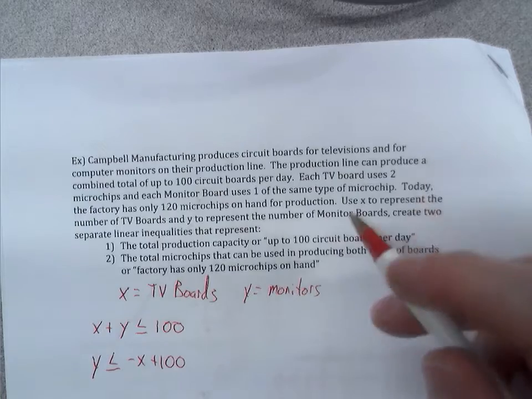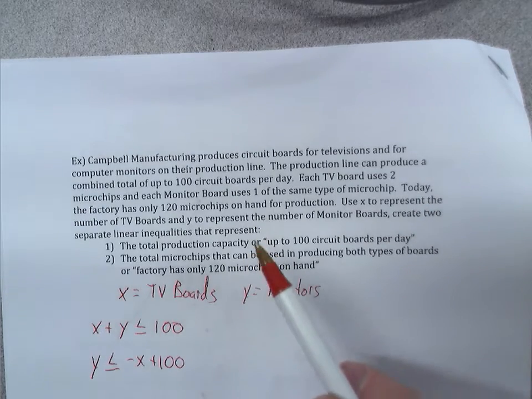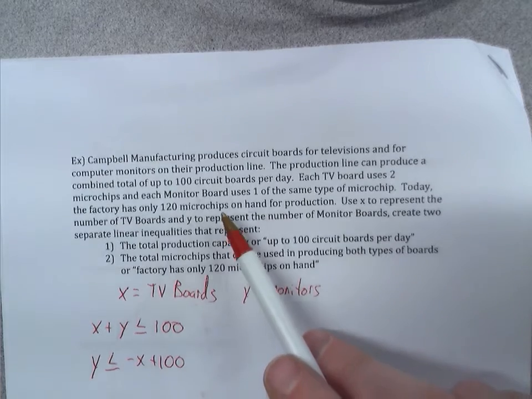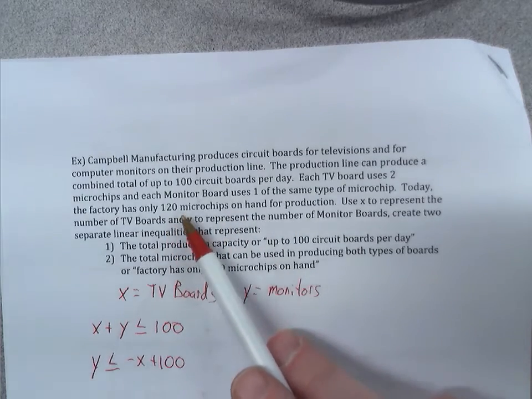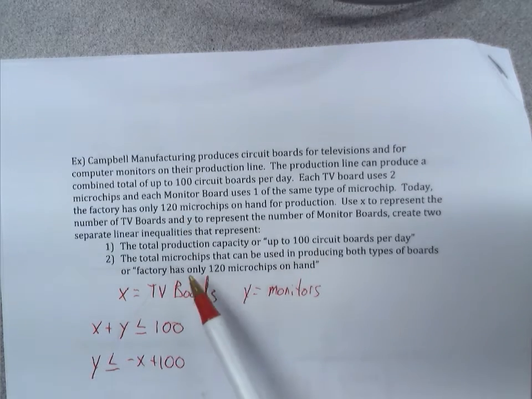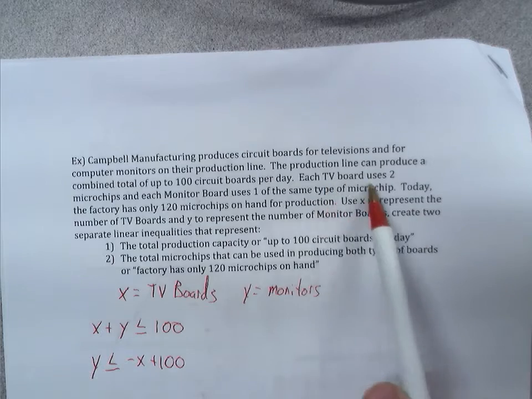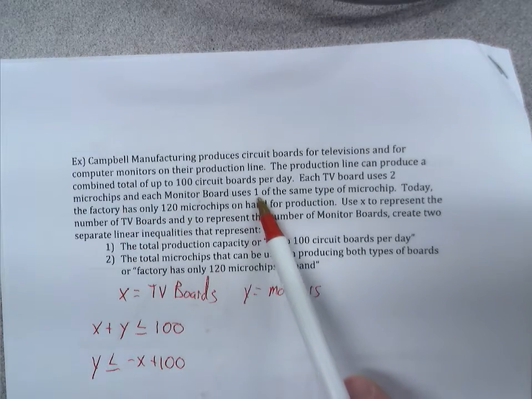We also know, based on the information that we're given, that today the factory has only 120 microchips on hand for production, and it tells us that each TV board uses 2 microchips and each monitor board uses one of the same type.